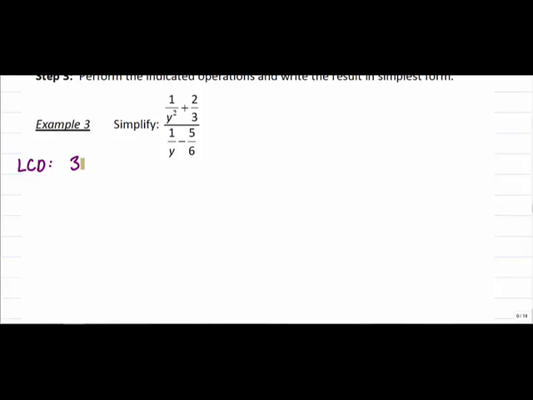I've got a 3 and a y, right? But I also have a y squared, don't I? So aren't I going to need another y here so that I have that y squared? And then I have a 6. Well, I've got a 3, so all I need to do to get a 6 is multiply by 2.